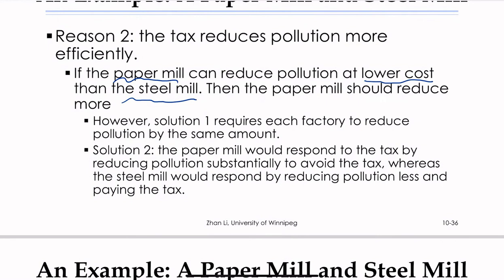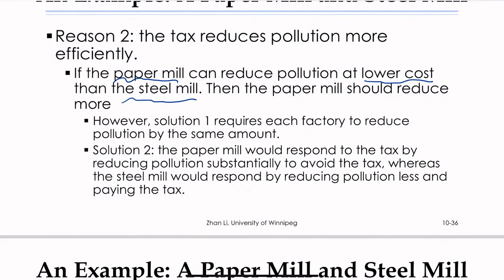So for the paper mill, it has better technology. Then in this case, the paper mill would think, okay, I have better technology, so it's better for me to use my better technology to reduce more pollution because I can save some tax from pollution. And now think about the steel mill. We assume steel mill has worse technology in reducing pollution. So now the steel mill will think, okay, I have worse, more costly technology.